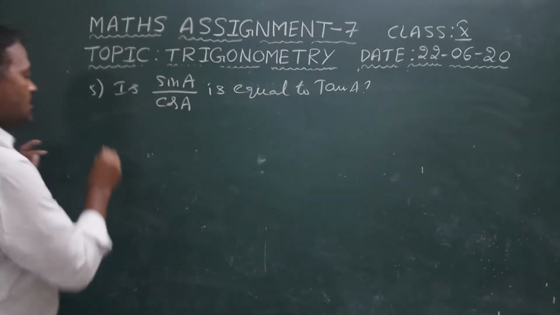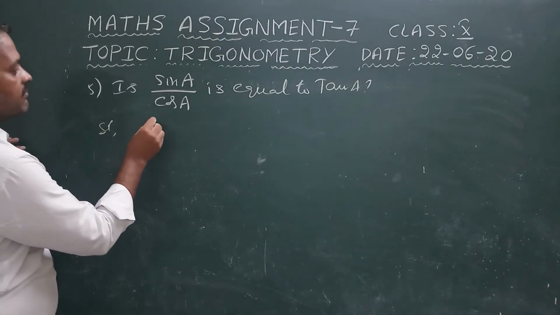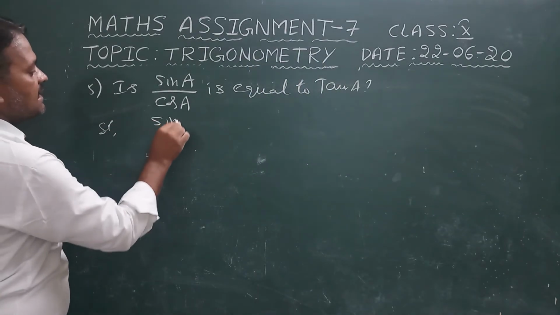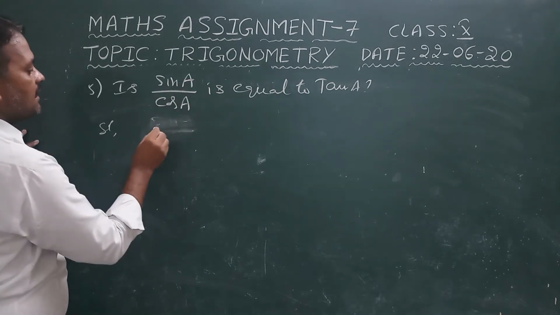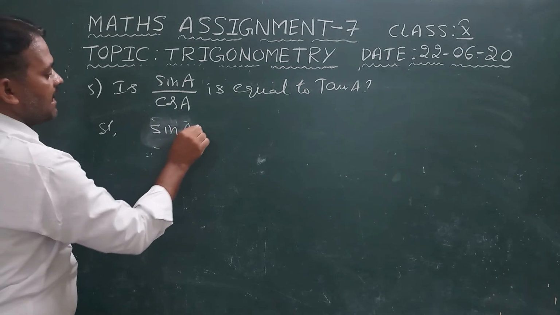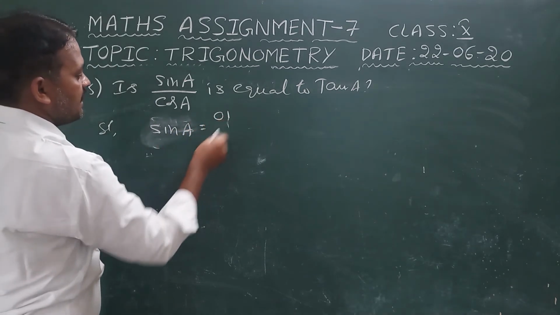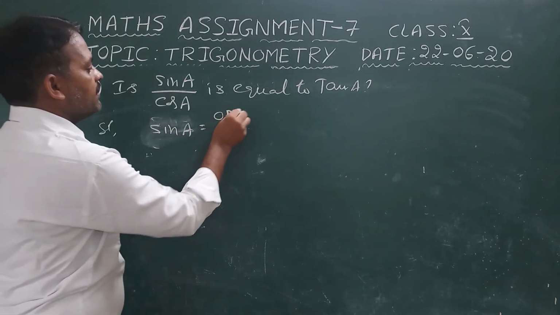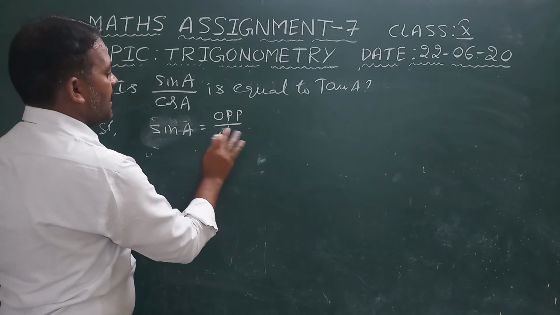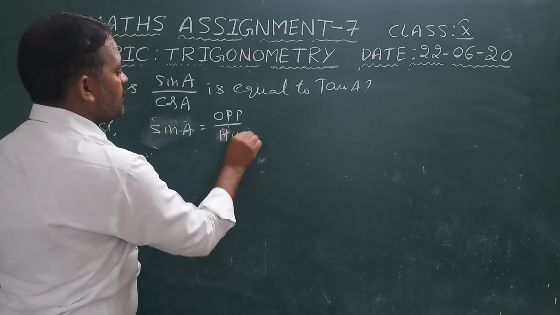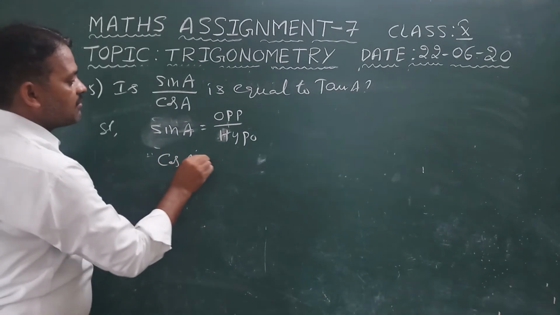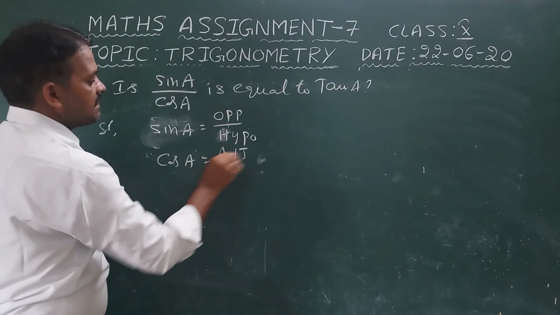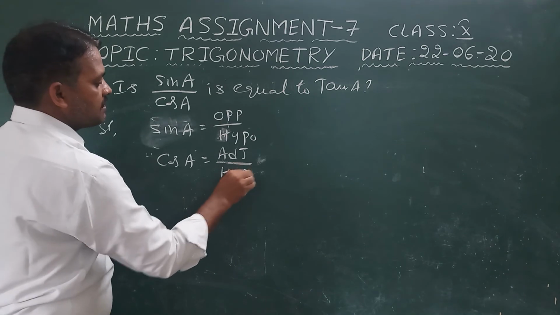Now the solution. The given is sin a by cos a. What is the ratio of sin a? As per the definition, sin a is opposite side by hypotenuse. Similarly, cos a is adjacent side by hypotenuse.